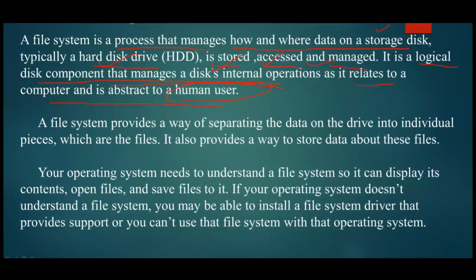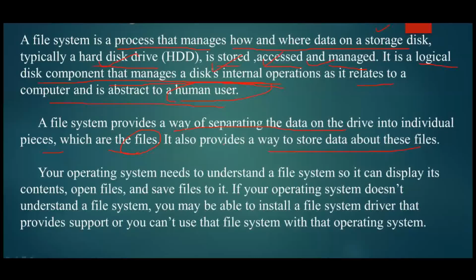Is it okay now? Your file system provides a way of separating data on the drive into individual pieces, that are called files. It also provides a way to store data about these files. Here the file system provides a way: how to separate the data, how to save the data. You will be saving data based on your requirements, like a DS folder, DS600, module 1, module 2, module 3, big data or Python.